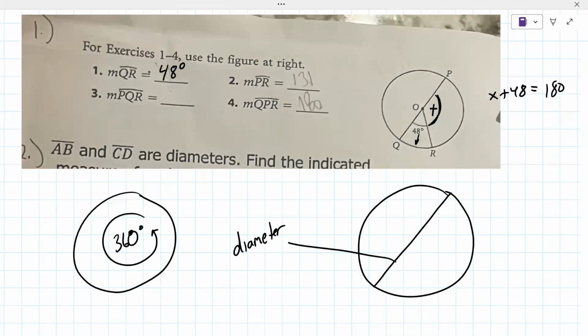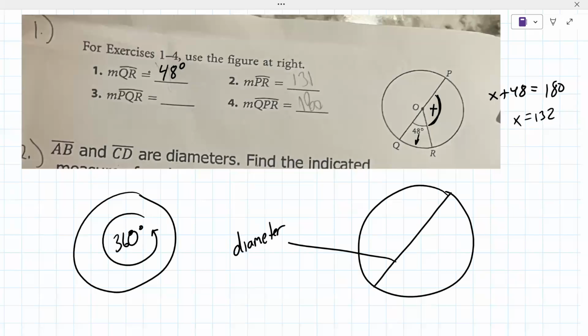Could you solve that for X for us, please? X equals 132. Okay, so 132.